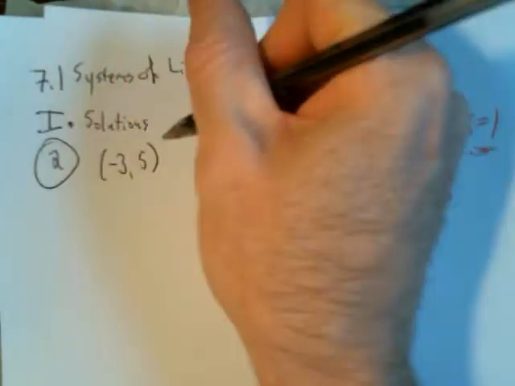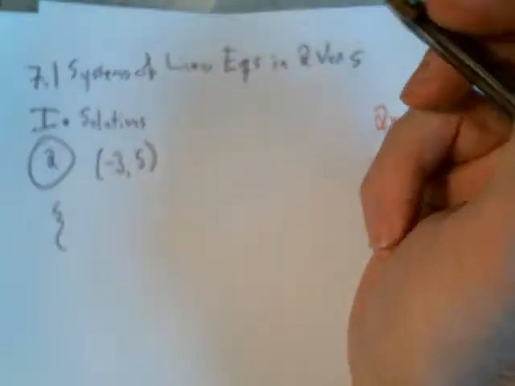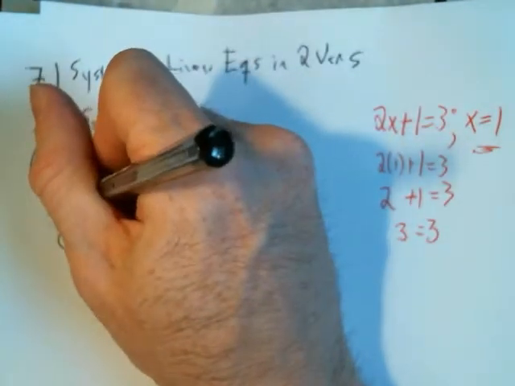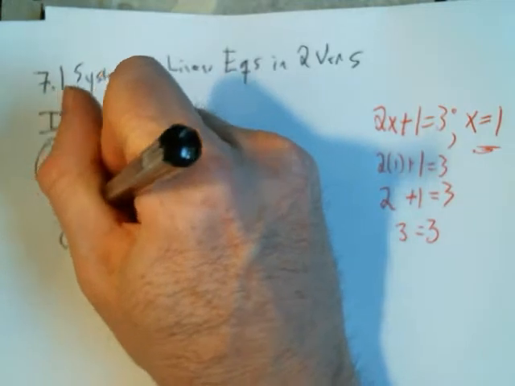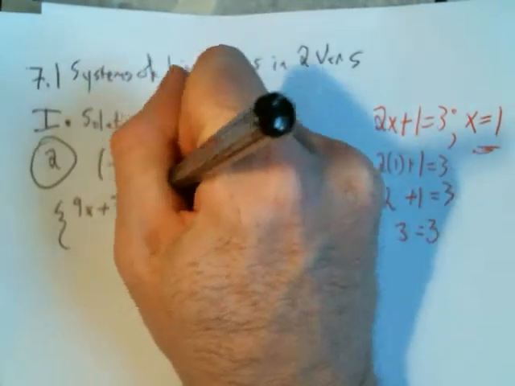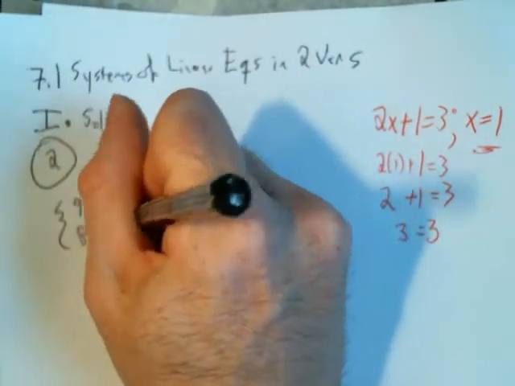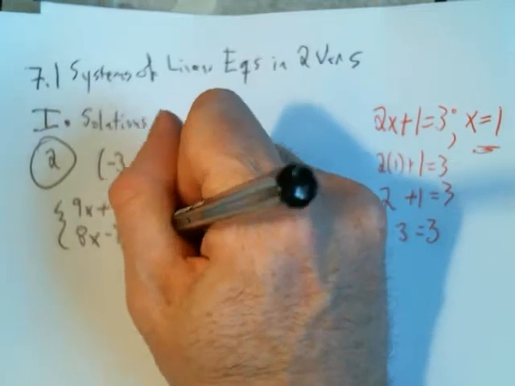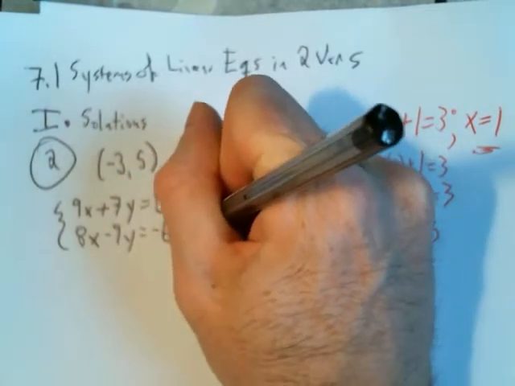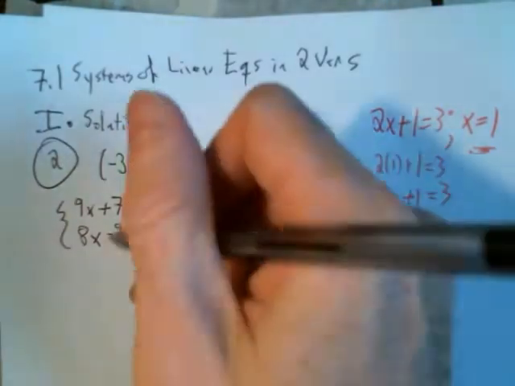They give us a point, -3, 5, and our system is now comprised of 2 equations and 2 unknowns. You may hear teachers say 2 equations, 2 unknowns, or 3 equations, 3 unknowns. Any of those scenarios are fair game for finding solutions.